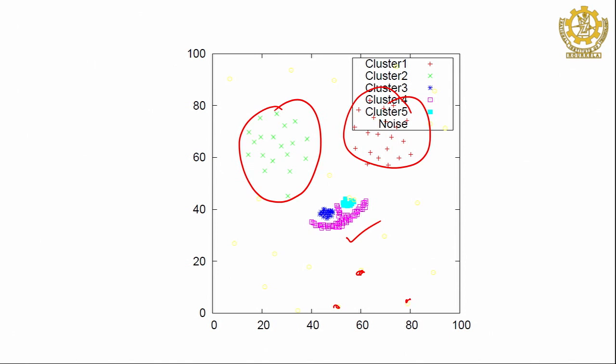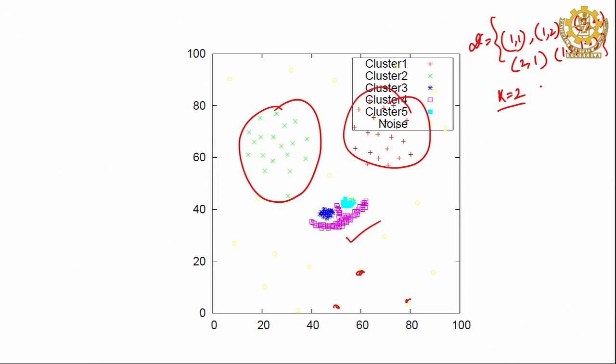Now, solve the earlier problem. The data set D has the points (1, 1), (1, 2), (2, 2), (2, 1), and (1.5, 1.5), with k equal to 2.